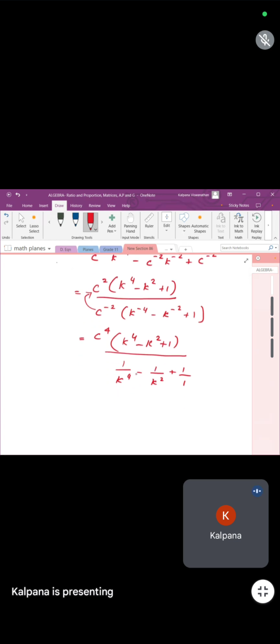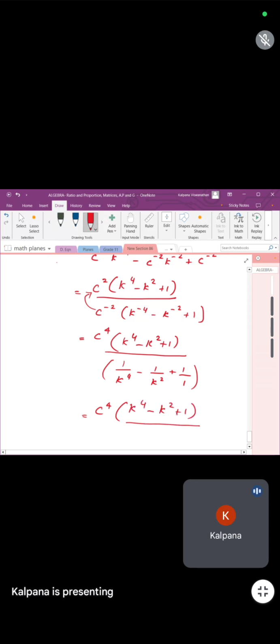Now after this, we have got C power 4. We have to get this B power 4 also. It's K power 4 to get the RHS. Now tell me, if you take LCM for the denominator, what is it? We get 1 minus K square plus K power 4, that is K power 4 minus K square plus 1.